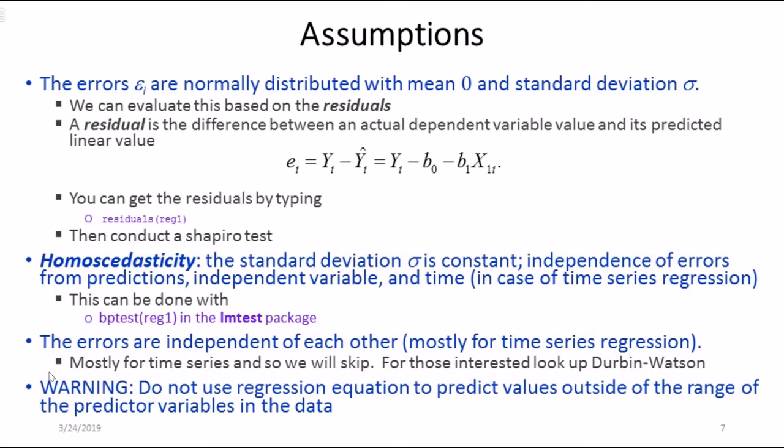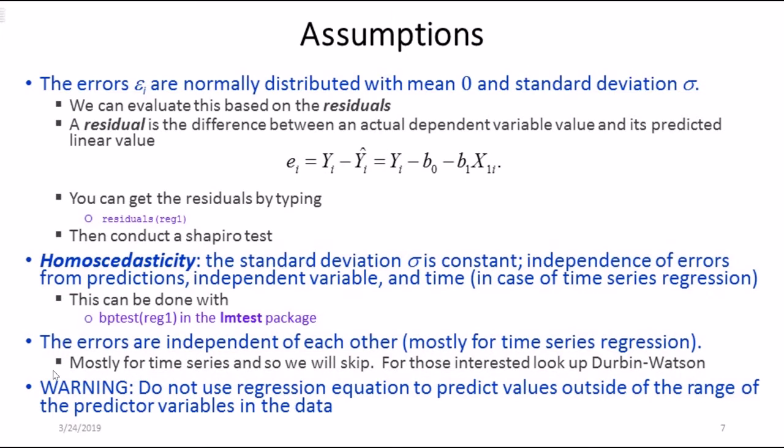Another assumption is homoscedasticity, which means the standard deviation sigma is constant, and the independence of errors from predictions, independent variable, and time. We can use the BP test function for this purpose.